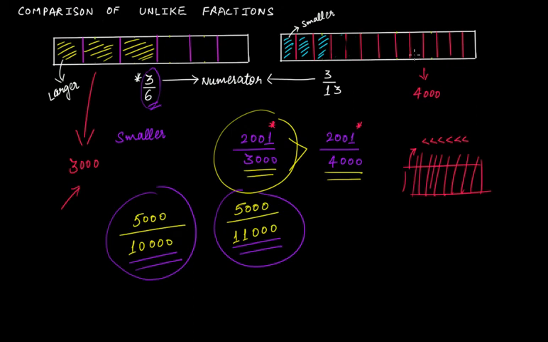What you have to do is, if you find that fractions are unlike, that is the denominator is different, look at their numerator. If their numerator is equal, then you will apply this method. Whatever we discussed here, the condition is that your numerator should be equal.